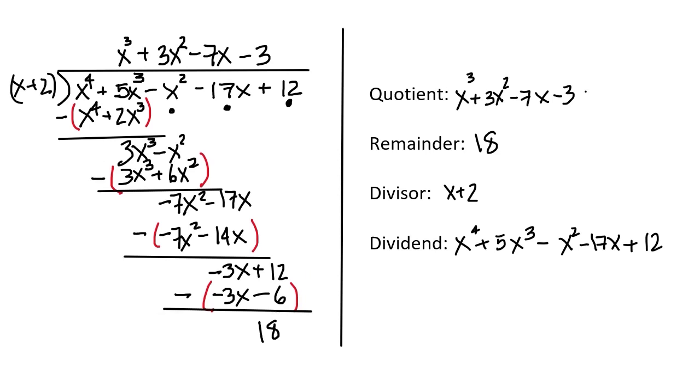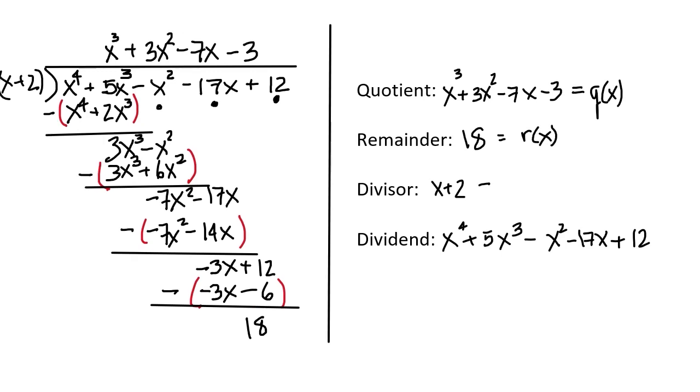We're going to think of the quotient as q of x, the polynomial. The remainder we'll call r of x. The divisor is d of x, and the dividend is f of x. So we know f of x equals the divisor d of x multiplied by the quotient q of x, plus r of x. That's just the 18 that I've found here.